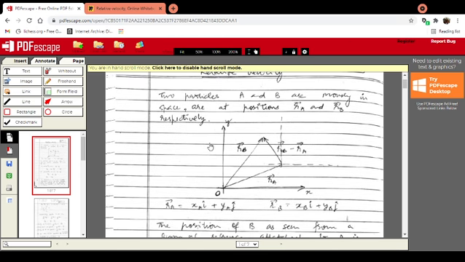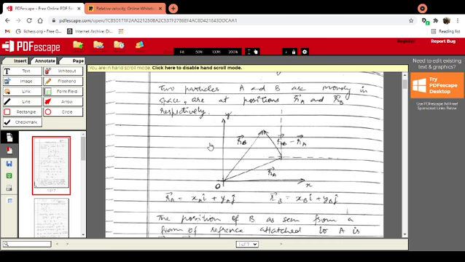Okay, so let us take the cases of two particles A and B, which are moving in the space and are at positions RA and RB vector respectively, as shown in the figure.